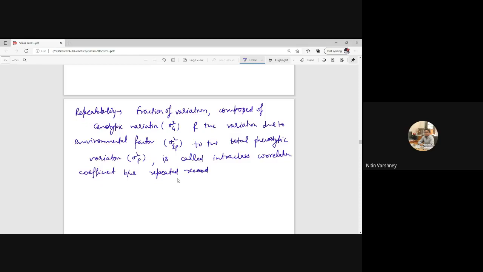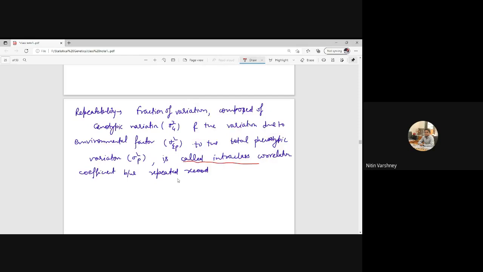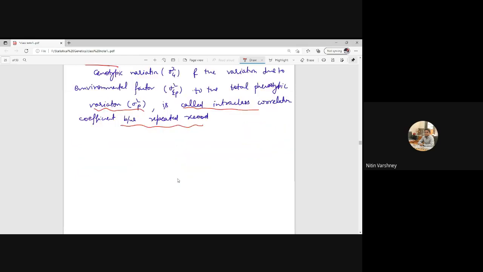So this is important, that repeatability is a measure of intra-class correlation coefficient between repeated records. So this is important regarding repeatability.